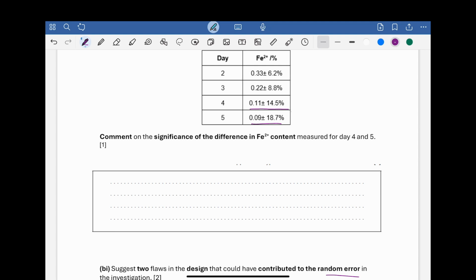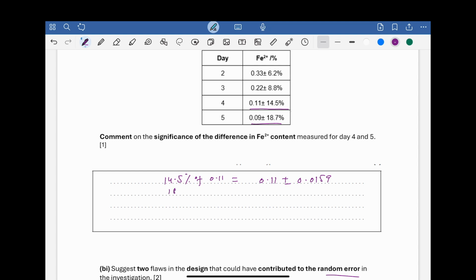Let's do some calculations. 14.5% of 0.11 gives 0.11 plus minus 0.0159.